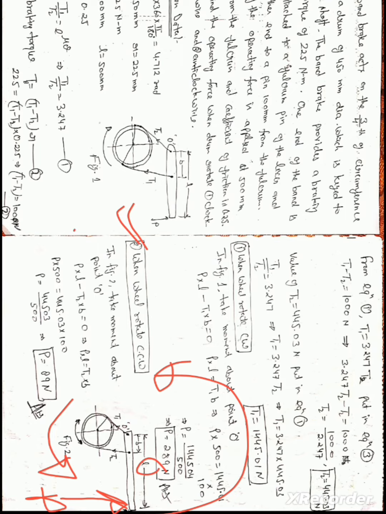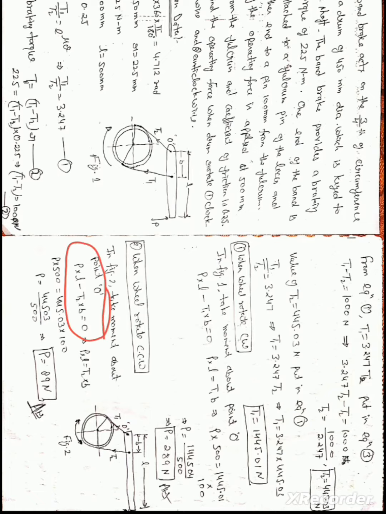And the second couple is T2. T2 into B makes a clockwise couple, so clockwise couple is assumed as negative. So P into L minus T2 into B equals 0.